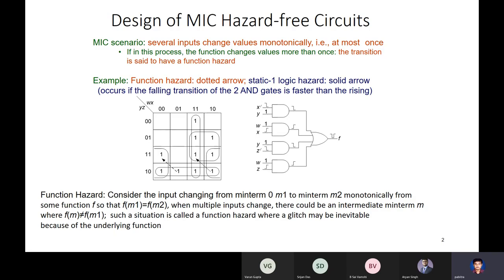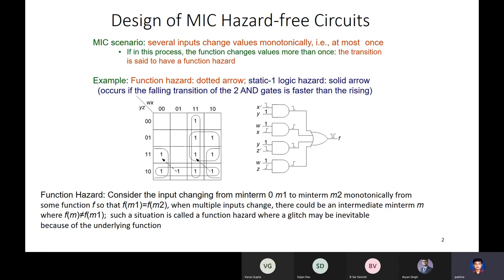You look at adjoining ones, and then you include a redundancy by an additional product term which covers these adjoining ones that are not part of the same covering cube.